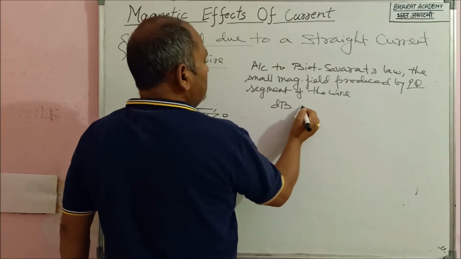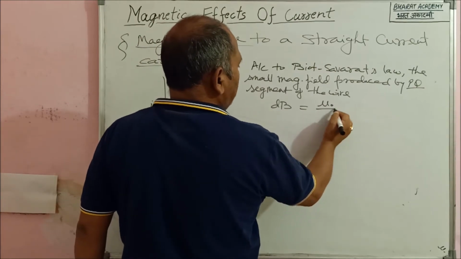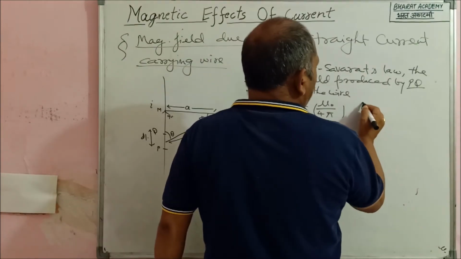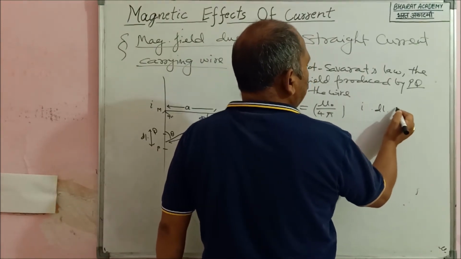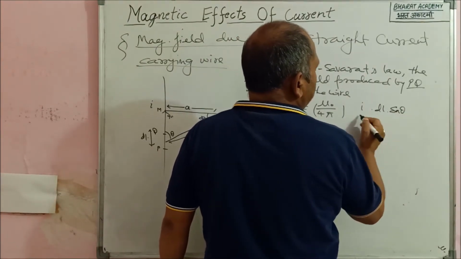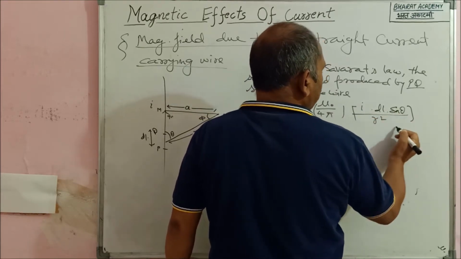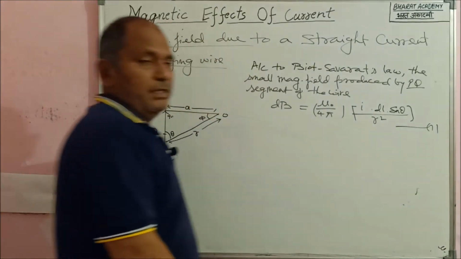Our formula says dB is mu 0 by 4 pi, I dl sin theta by r square. This is the Biot-Savart law.